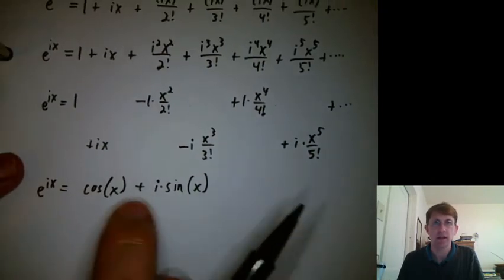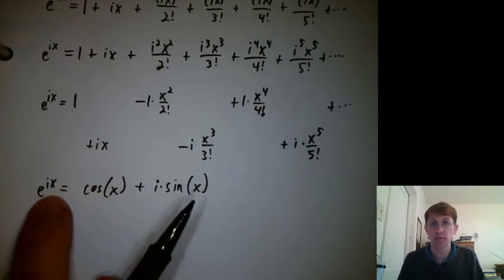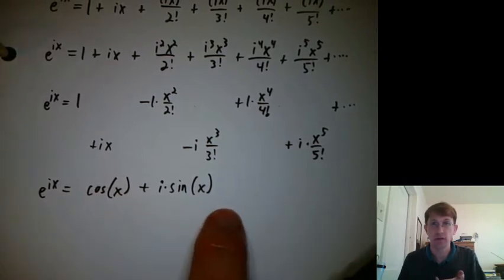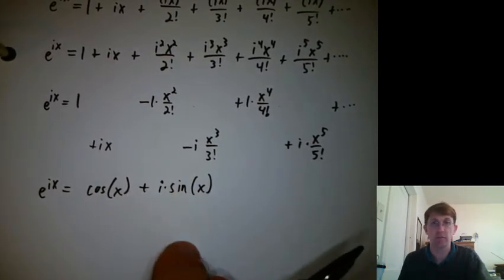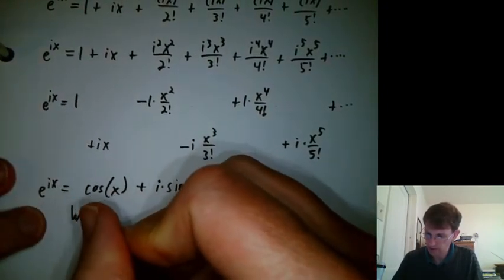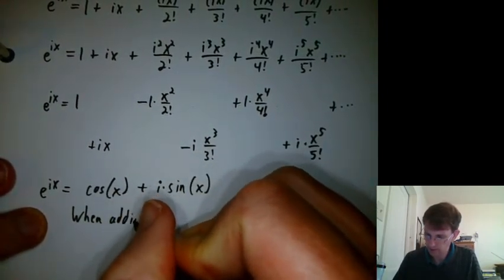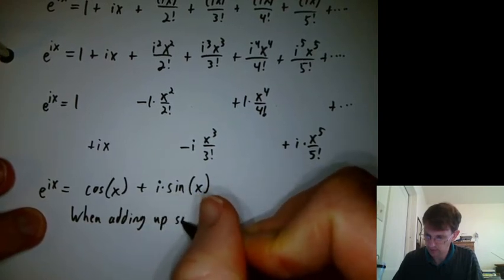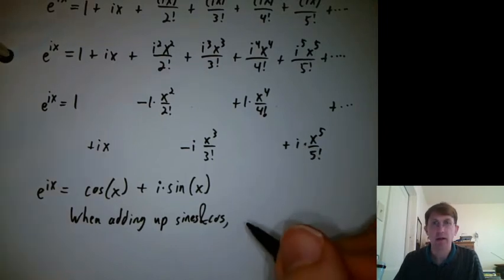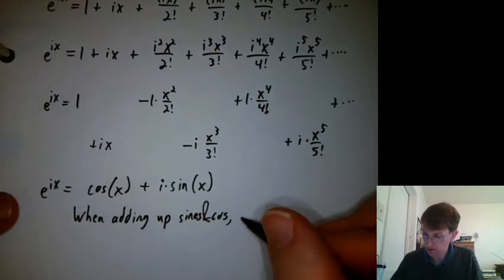It's saying e to a complex or imaginary power is basically a combination of sine and cosine with some imaginary stuff going on. So that says when we're adding up sines and cosines, we can rewrite it as complex powers of e.